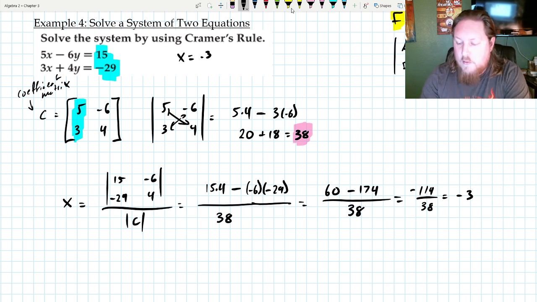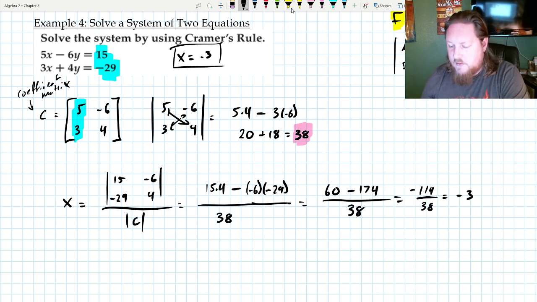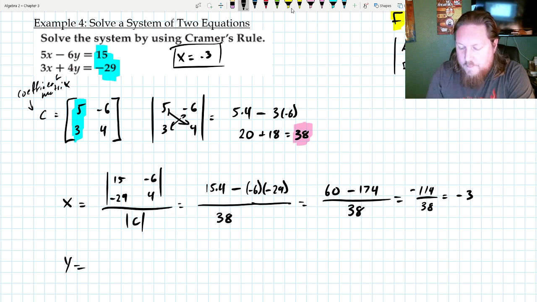Now you could just plug that into one of the equations and solve, but we want to practice this. So now we're going to solve for y.